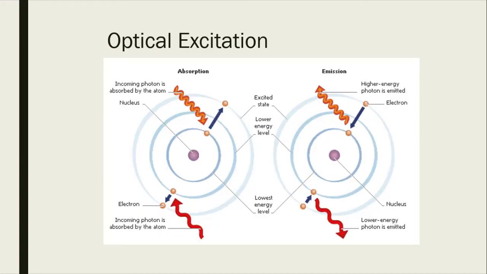So graphically, it's very similar to what I talked about in the previous slide. You don't need to memorize the slide. You don't need to memorize the graph. I won't ask you to draw out this graph on exams or anything. Here is an atom, a nucleus. When absorption or excitation is happening, the energy comes in the form of a photon.